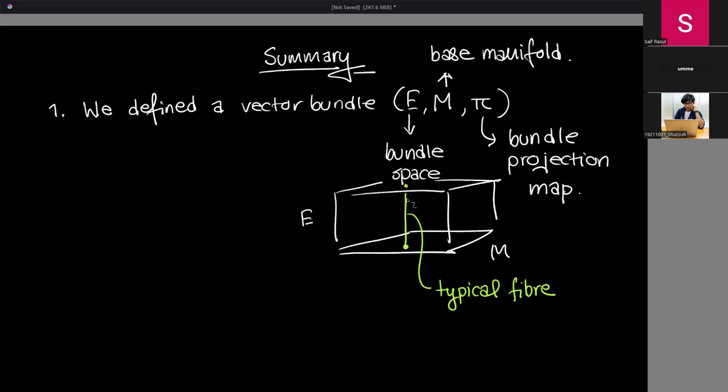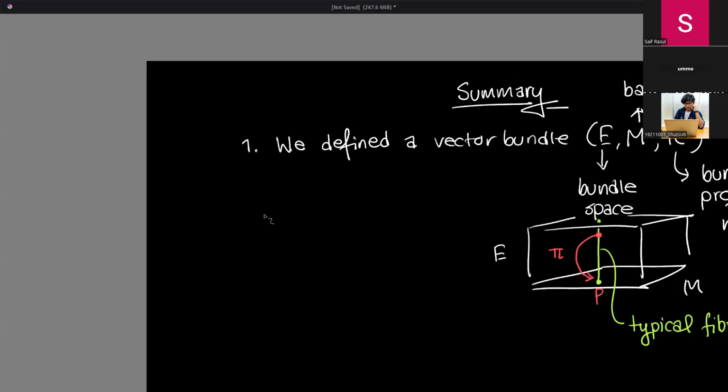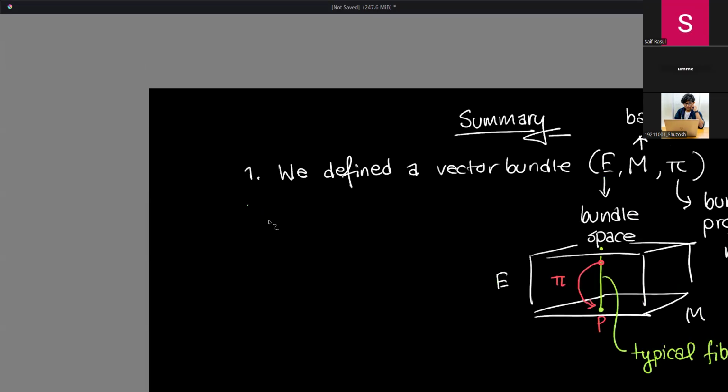And we have a map pi that maps any point on that fiber down to its own base point. And then we looked at some conditions on the maps that are involved in the definition of the vector bundle so that it is completely consistent with what we expect.